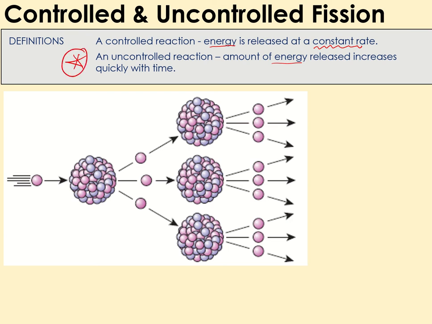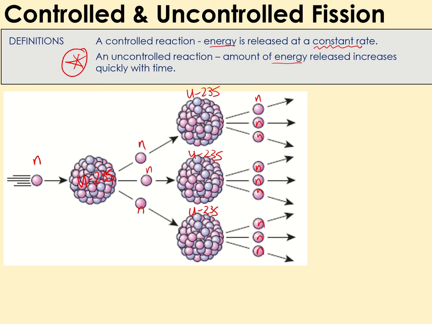So we've said that fission is caused by a neutron hitting a large nucleus such as uranium-235. One of the things that would produce is 3 more neutrons. So if each one of those neutrons can go on to hit another uranium-235, each neutron can cause another fission, and each of those in turn is going to produce 3 more neutrons, which in turn can produce another fission.